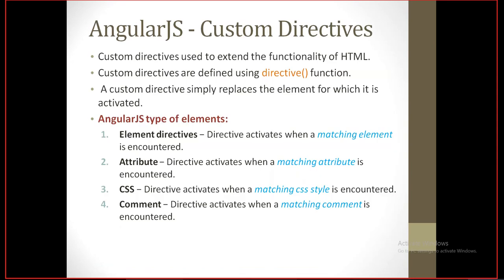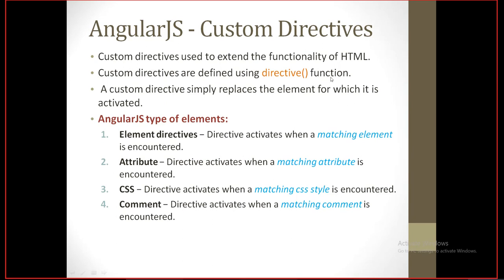Then custom directives. Now we saw the inbuilt directives provided by AngularJS. But suppose I require my own directive. In that case, I can extend the functionality of my HTML page by using custom directives. Now, how can we define these custom directives?